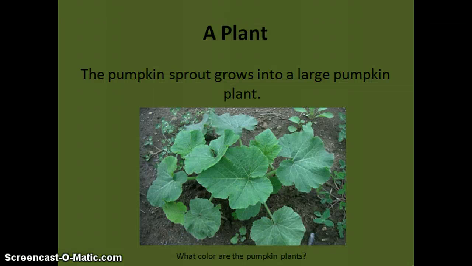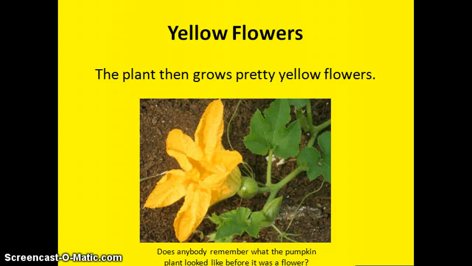The third stage is a plant. The pumpkin sprout grows into a large pumpkin plant. What color are the pumpkin plants? They are green. What other plants look similar to a pumpkin plant? In my opinion, they kind of look like lily pads.